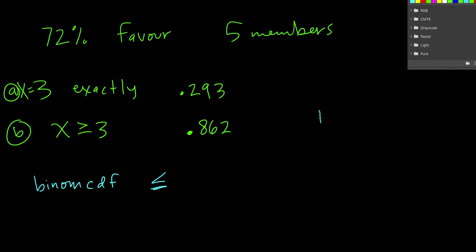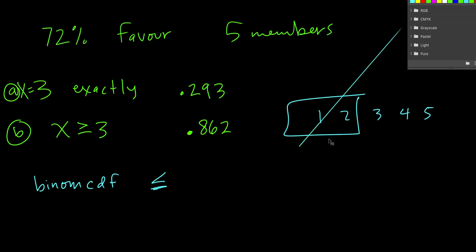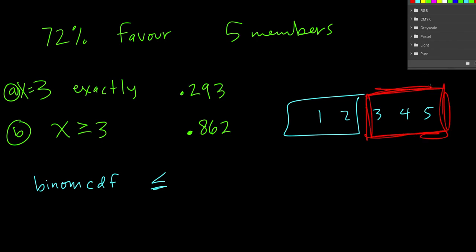So if we have the possible outcomes of 1, 2, 3, 4, and 5 people being in favor of it, what this is going to return when we just plug in the data, so if we just plug in 5, 0.72, and 2, is the probability that we'll have 1 or 2 people in favor. And so it gives us the complement of what we want. And so we just need to do 1 minus that, and that will give us the final answer.